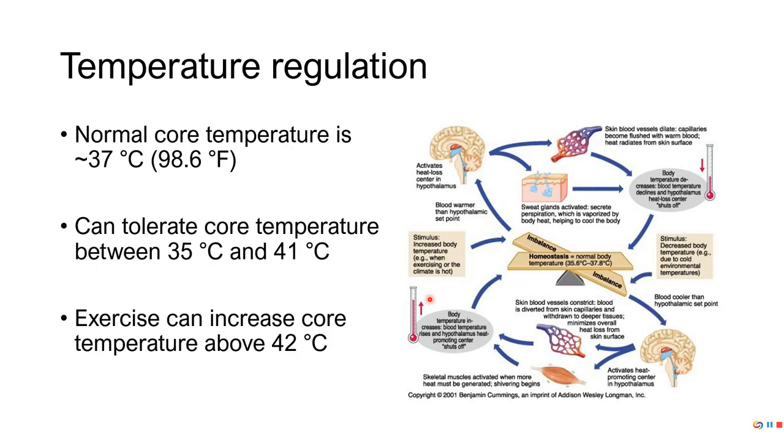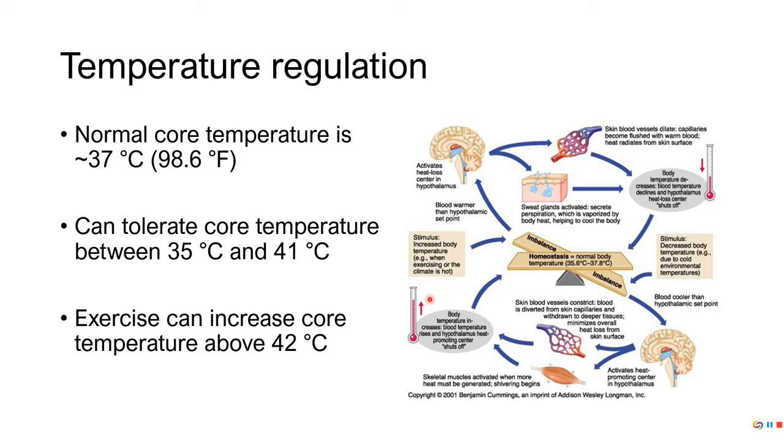When it comes to regulation of temperature, remember normal temperature that we at least stay is 37 degrees Celsius, which is 98.6 Fahrenheit. Generally, as long as we're between 35 and really 41 Celsius, so that's 96 Fahrenheit to about 105 Fahrenheit, we're good. Now, it is possible, and at times, exercise can cause your core temperature to actually exceed that.